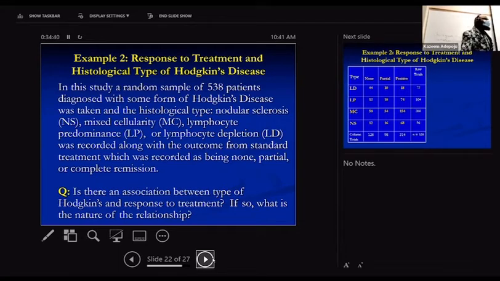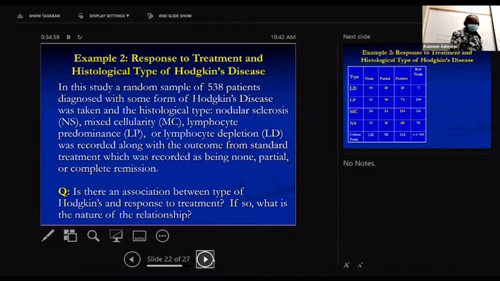Okay? I told you the other time, it is not all patients who gain from medical intervention. But in example 2, we're trying to see the response to treatment by patient. Does it depend on the type of disease?